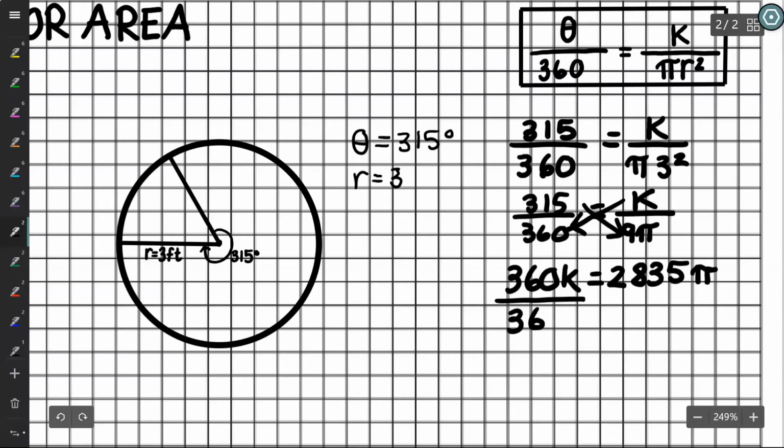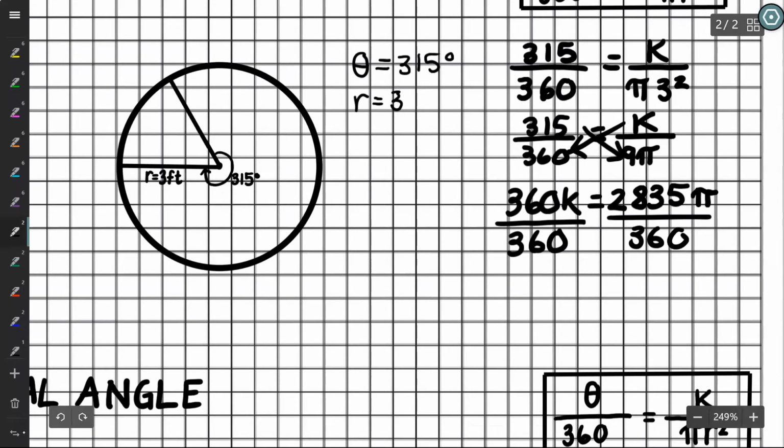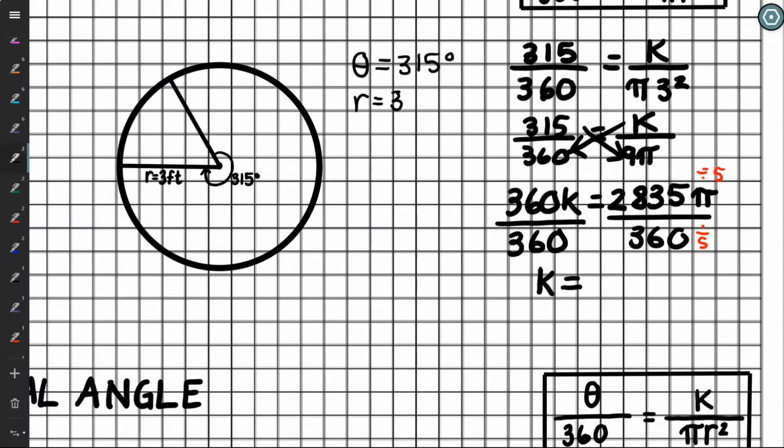Alright, so k equals, I'm going to see if that divides evenly, so 2835 divided by 360. It does not, so I'm going to have to simplify this out. I'm going to divide both my top and my bottom by, let's go 5, because I see they both can be divided by 5. Divided by 5 is going to give me 567 over 72.